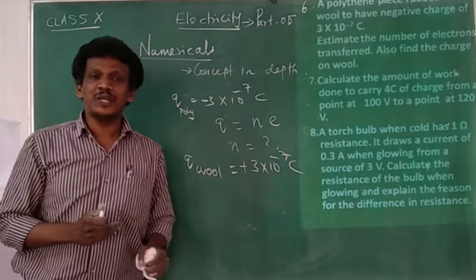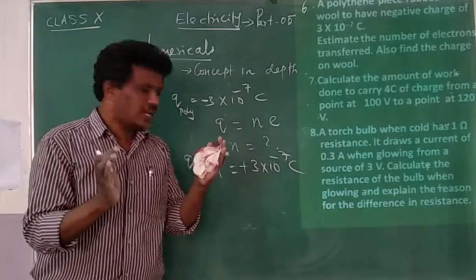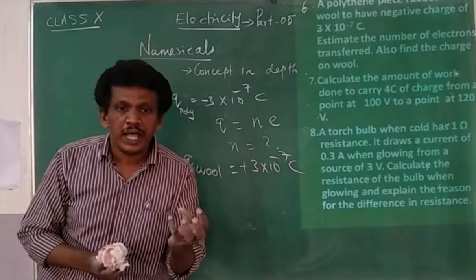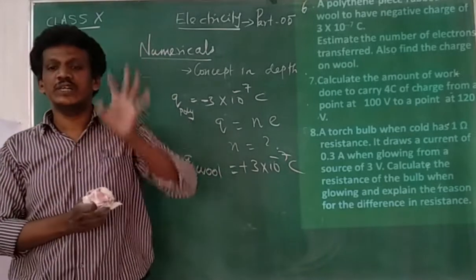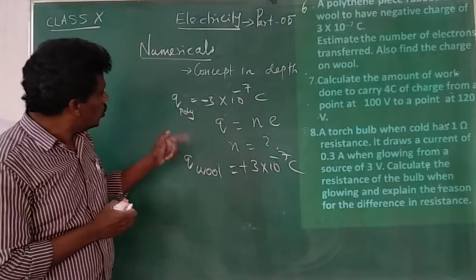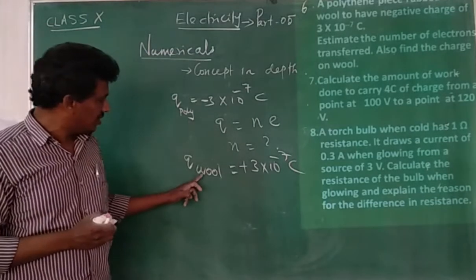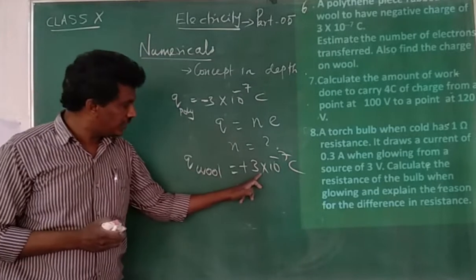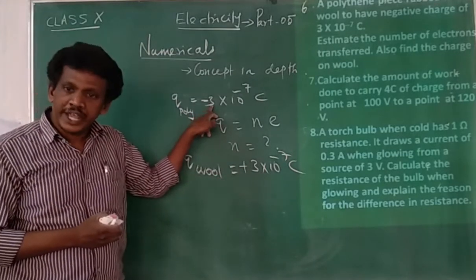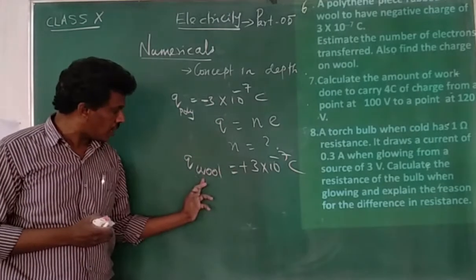What is this concept? Suppose you have polythene and wool. These two are rubbed. What will happen? The electrons are transferred. In this case, from where are the electrons transferred? Who is losing the electron? Losing the electron means becoming positive, gaining the electron means becoming negative. So who is losing the electron? Wool.